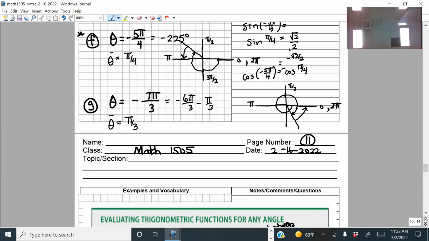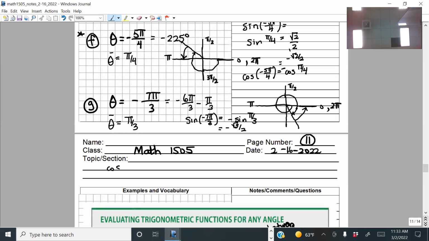And so then it's very easy to compute sine and cosine. The sine of minus 7 pi over 3 is going to be minus the sine of pi over 3, because we're in the fourth quadrant. Sine is negative in the fourth quadrant. Sine of pi over 3, though, I think is square root of 3 over 2, right? So we have minus square root of 3 over 2.